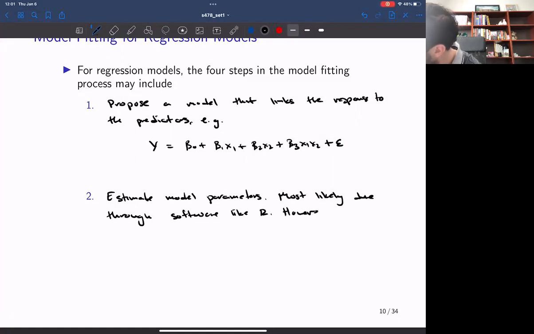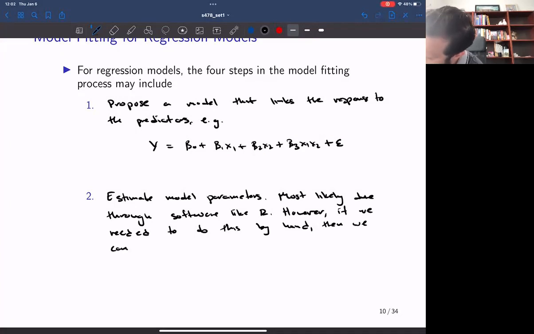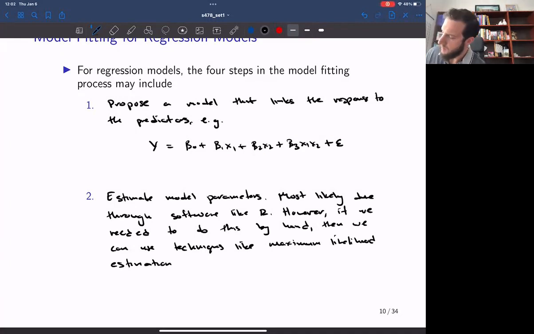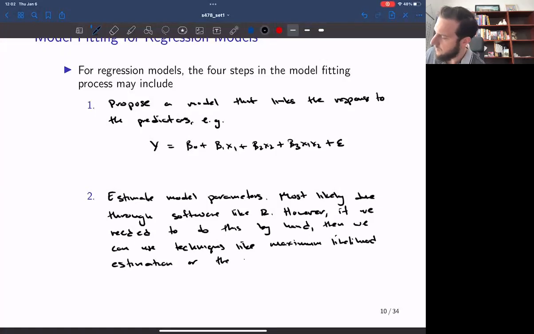However, if we needed to do this by hand, then we can use techniques like maximum likelihood estimation, or the method of least squares, right?